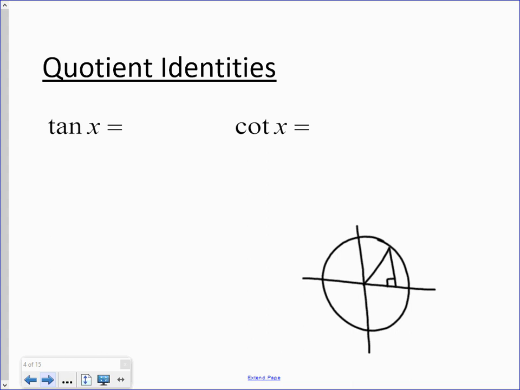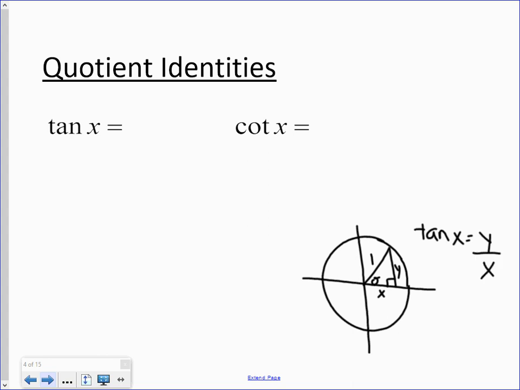Remember, on the unit circle, we would have theta right around the origin there. And we said on the unit circle that the y-coordinate was equal to the sine value of that angle, the x-coordinate was equal to the cosine value of that angle, and the tangent was equal to what? Tangent was equal to y over x.